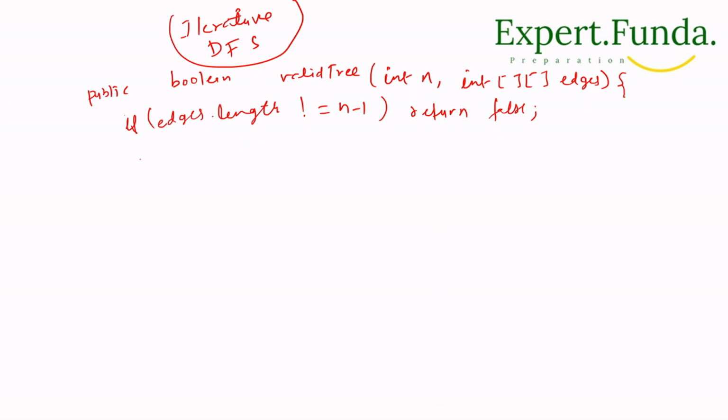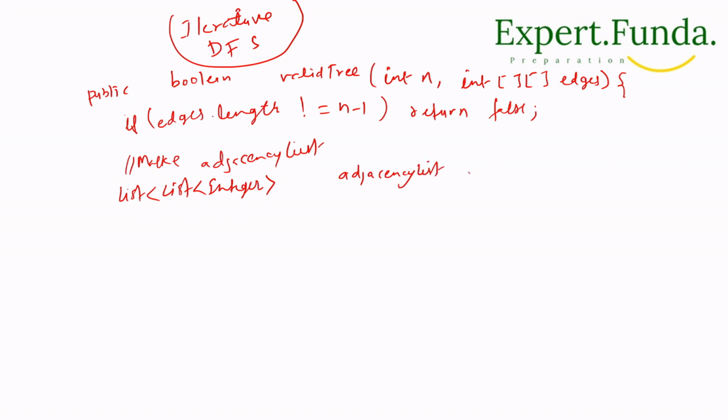Then we will make the adjacency list. How will we make that? We take a list of lists of integers, and this is called adjacencyList, equal to new ArrayList.